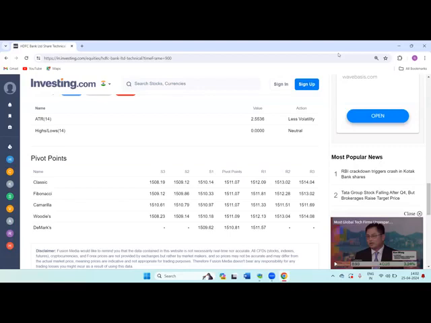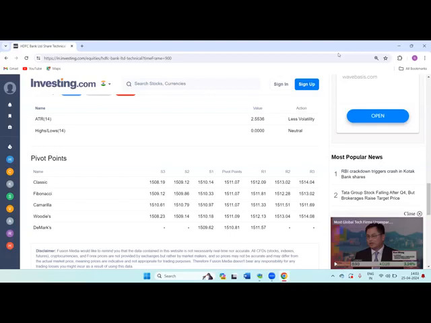Now we will see when I can buy the stock and when I can sell the stock. Along with pivot points, we can see the price is moving down. So at this current moment, it is not good to buy the stock. But we can do one thing: we can sell the stock at the current price and buy at a later price.